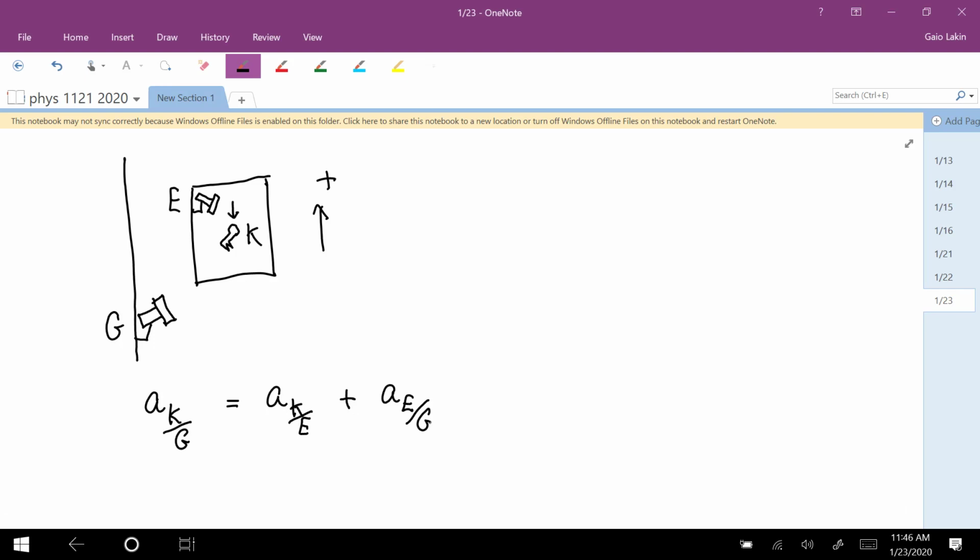Okay, are you with me on that? And this is the one that we're trying to calculate. We're trying to calculate how much the elevator is accelerating according to the camera that's mounted to the wall.